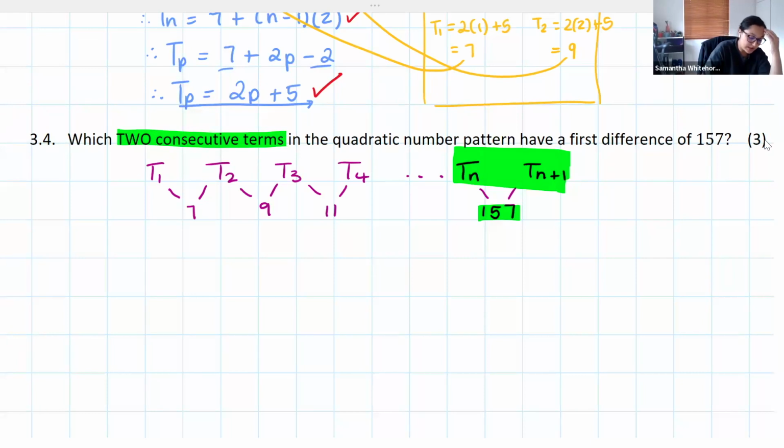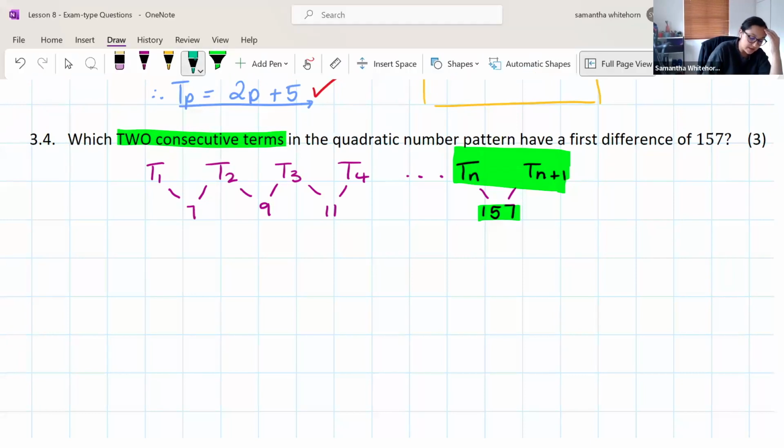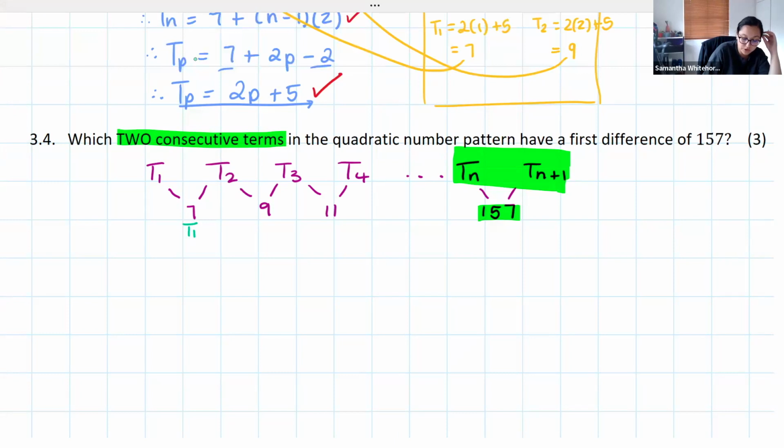What I want you to take note of is that the difference between term 2 and term 1 of your quadratic gives you term 1 of your linear. Between term 3 and term 2 gives you term 2. Between term 4 and term 3 gives you term 3. So you can always match it up if you understand where the differences are coming from.